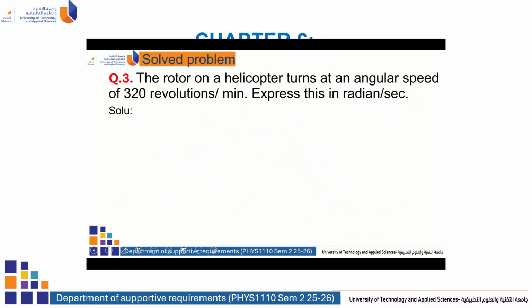Now question number 3. The rotor on a helicopter turns at an angular speed of 320 revolutions per minute. If this is the helicopter, this is the rotor of the helicopter, and the rotor is moving.